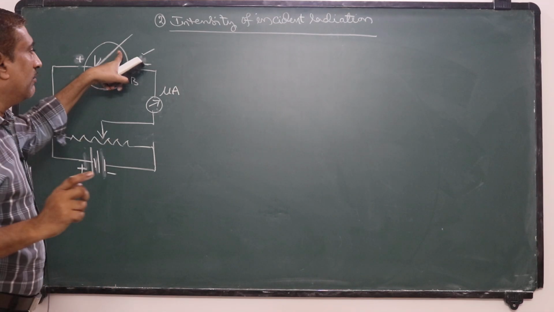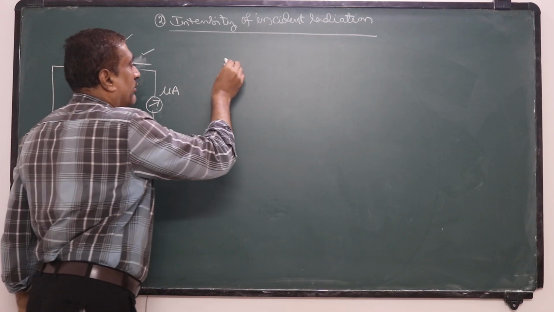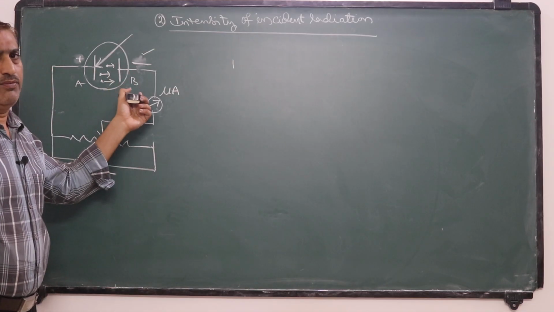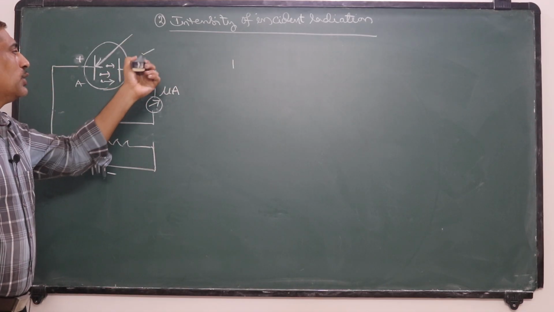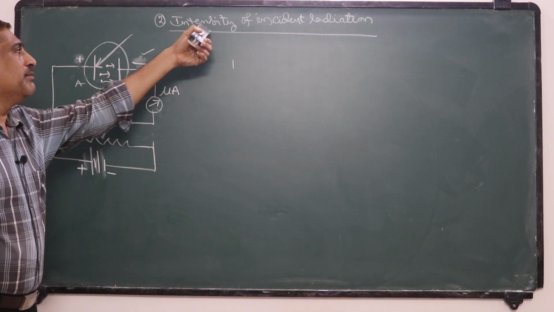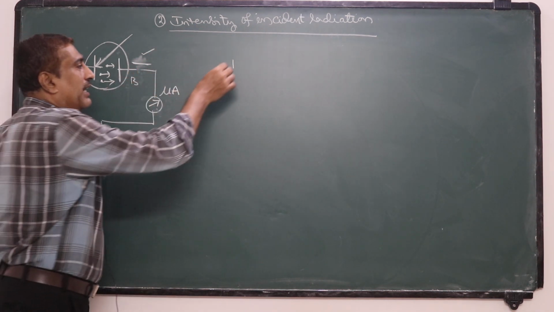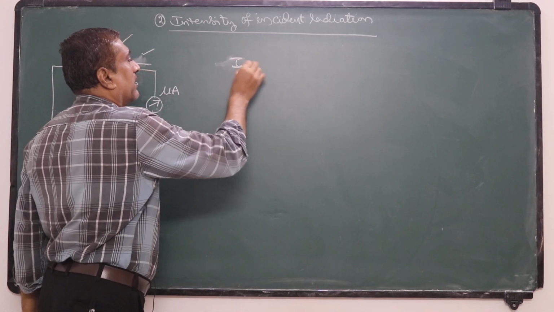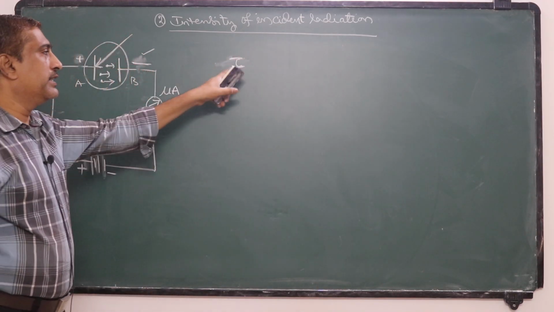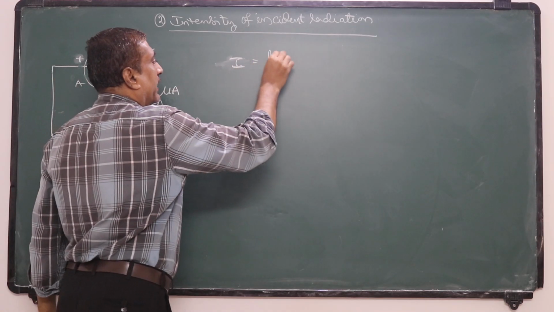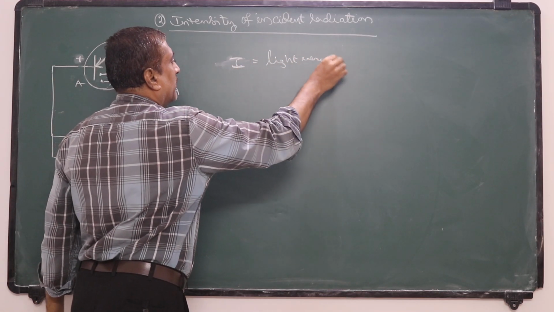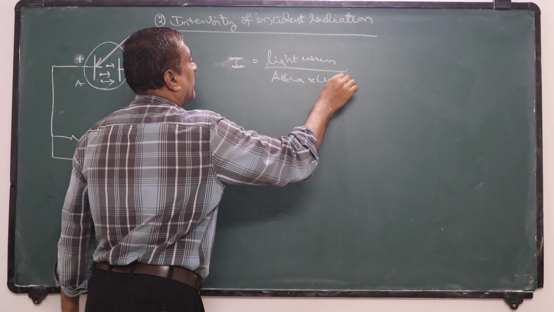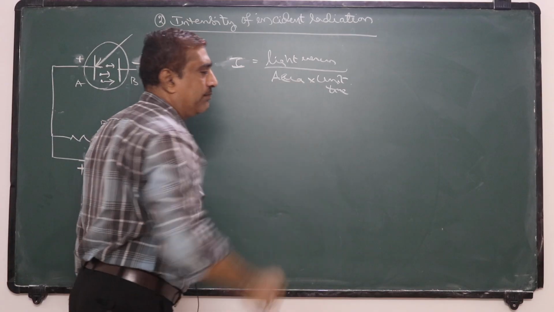Now, what is the intensity of radiation? Here in this case we are considering it as light. Photo means light, so intensity means light energy. Light energy passing through unit area in unit time is called intensity of light. So intensity of light is the light energy per unit area per second.